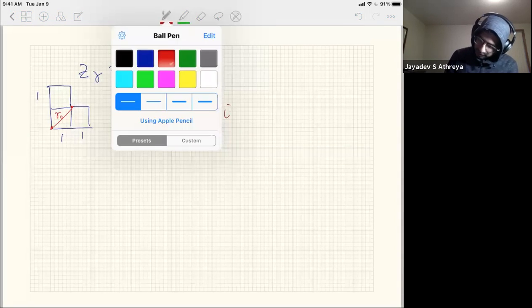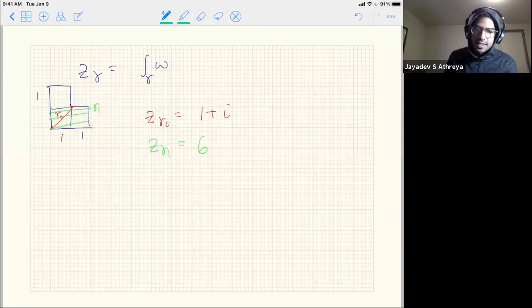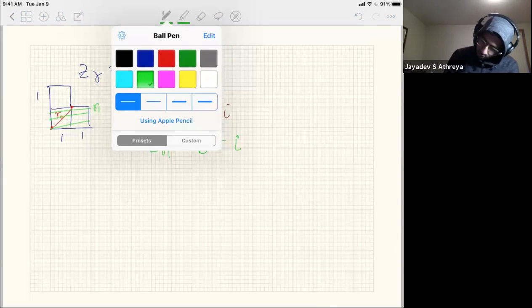I'll write it in complex notation. Here's another saddle connection. Let's say I go a third of the way up there, 2/3 now, and then I come back here and I go all the way. That's another saddle connection, let's call that gamma 1. And z gamma 1 is, well, I went across 3 times, and each time going across cost me 2, so it's a total of 6, and I only climbed 1. So that's 6 plus i.